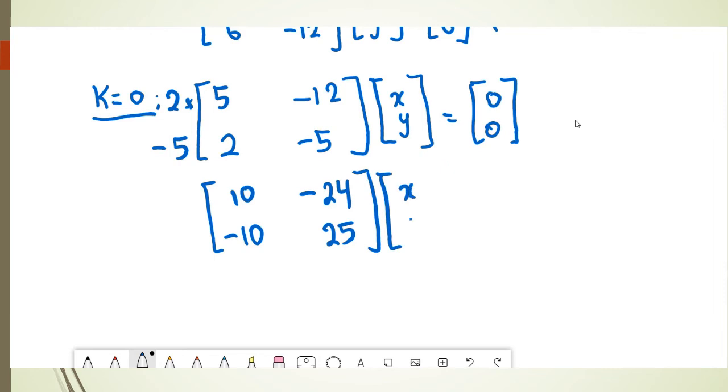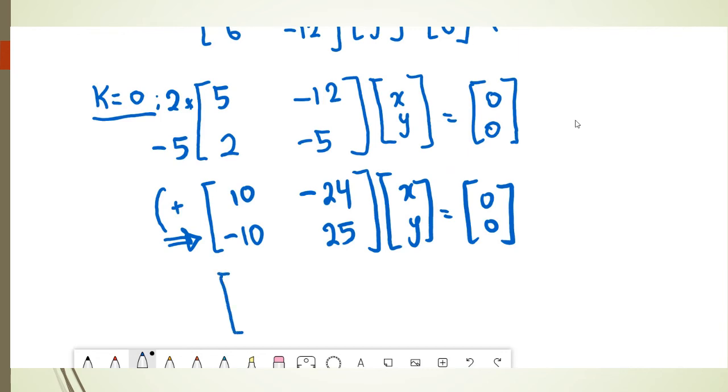Then let's change this equation by adding those together. Okay, so the first equation will remain the same. The second equation will be 10 minus 10 is 0, minus 24 plus 25 is 1.